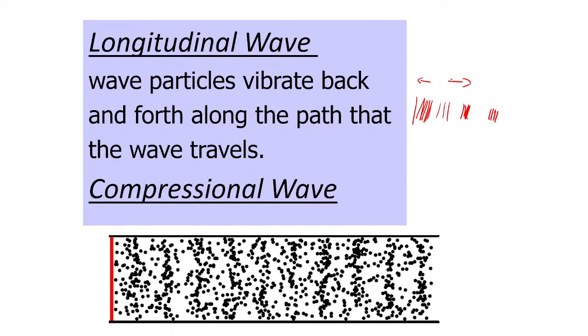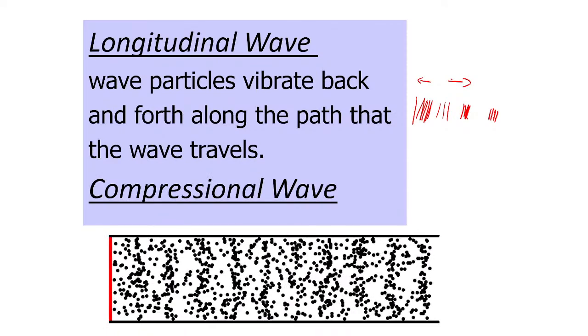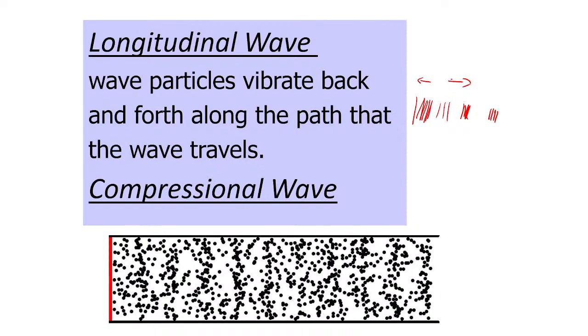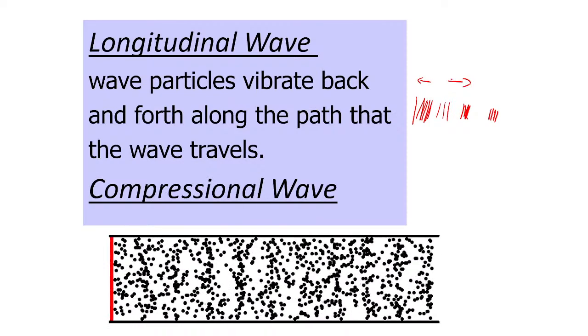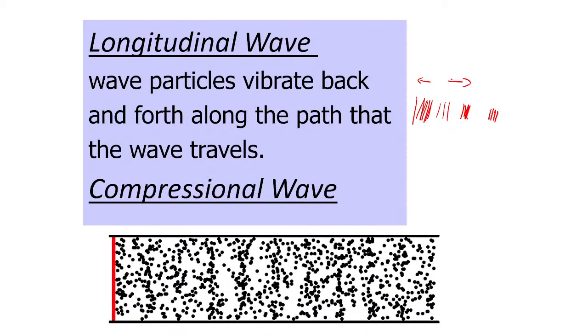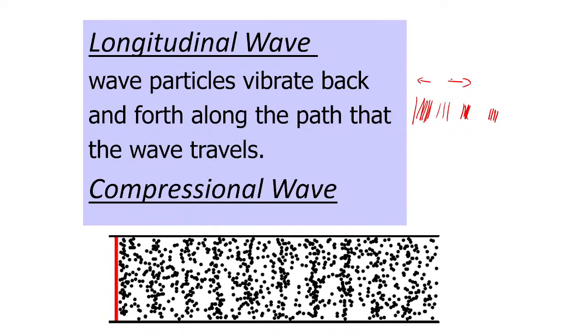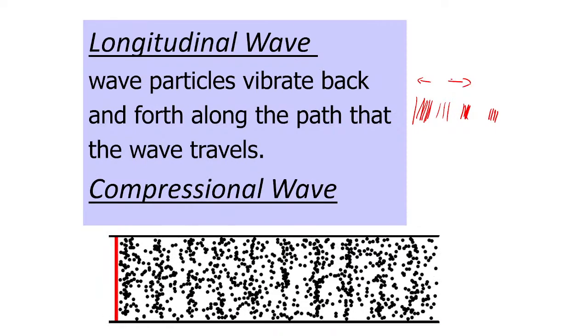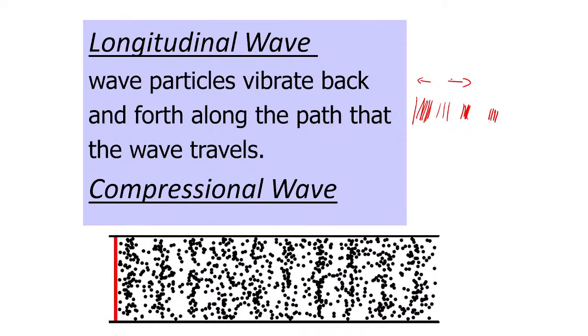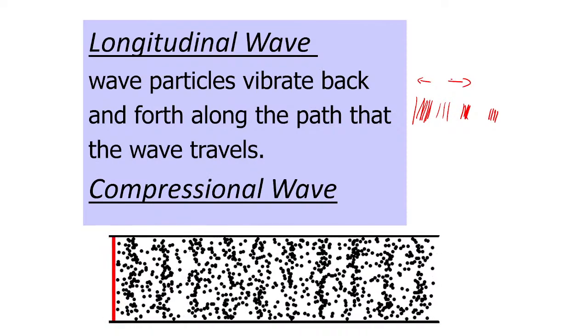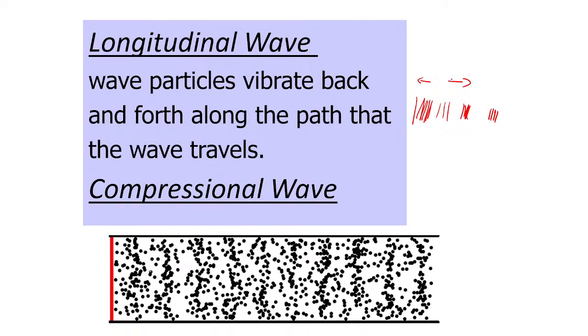In a transverse wave, how were they moving? They were moving up and down. In a longitudinal wave, what pattern is followed? Molecules are moving back and forth. Therefore, you will see that some molecules are very close to one another.